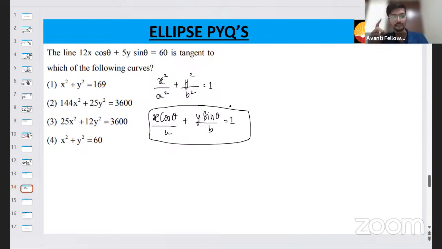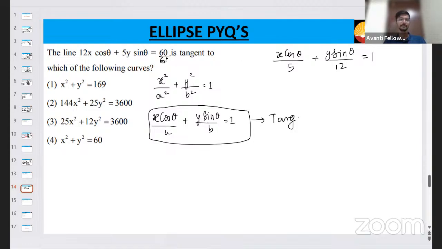If it gets converted into this form, that means it will be a tangent to an ellipse, right? This is the equation of tangent to the ellipse. So we can convert easily, we can divide by 60. So we'll get x cos theta upon 5 plus y sine theta upon 12 is equal to 1 if we divide by 60. Correct, guys?